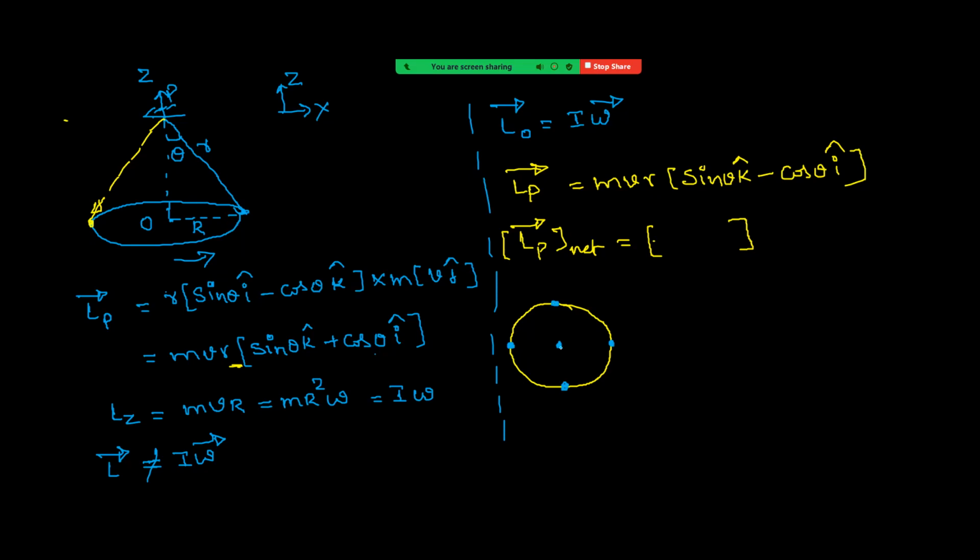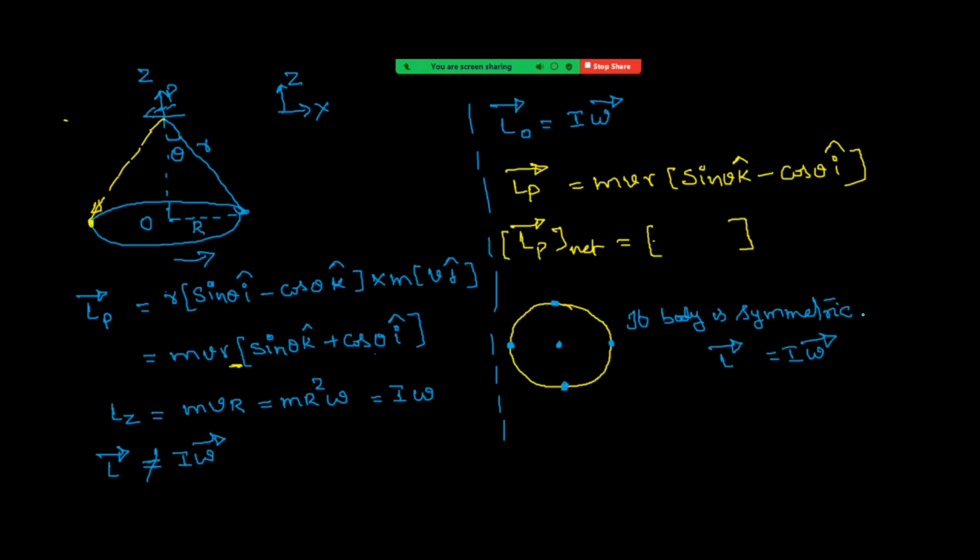So we say the body is symmetric about the axis of rotation. In that case, we can write L bar is equal to I omega bar.